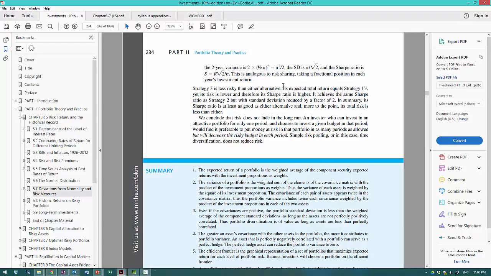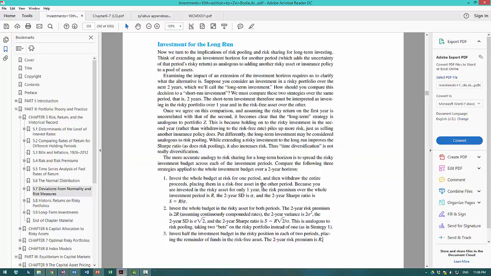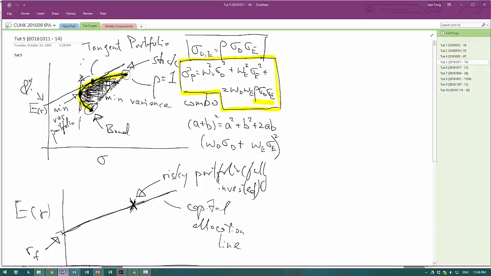Okay, now in any case, I don't want to go too deep into this. The reason people say time diversification does not work is that choice number 2 ends up having an impact on your return and on your risk in a somewhat different way than what we are used to discussing here.